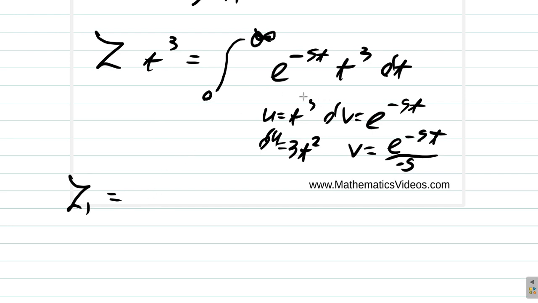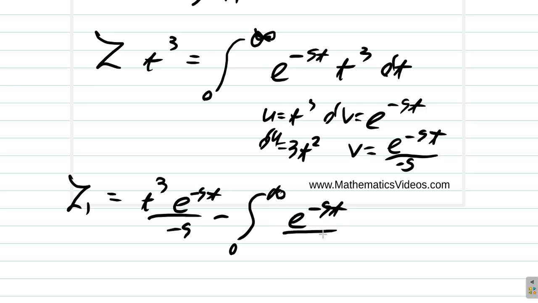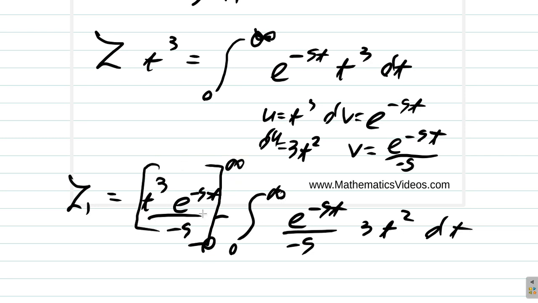So, integral of u dv is equal to u v minus the integral of v du, 3t squared dt, and the boundaries are from 0 to infinity.